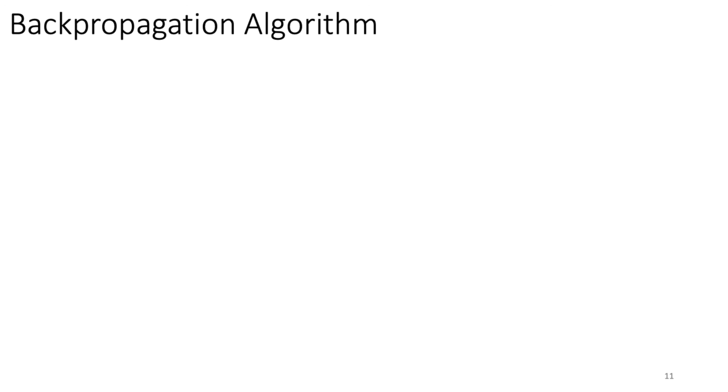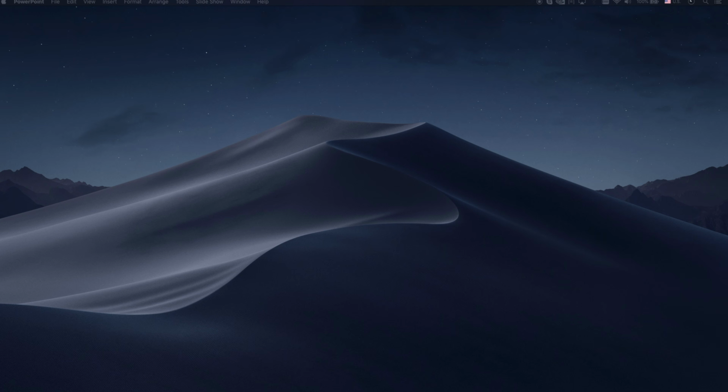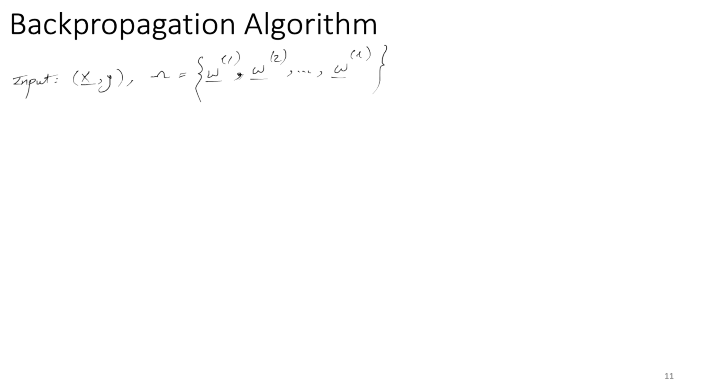Okay, so if you want to recap what we learned today, and the slides. These are our inputs, x and y, and the omega was the parameters, the weight parameters, and the output was a delta we got as the result of our classification.